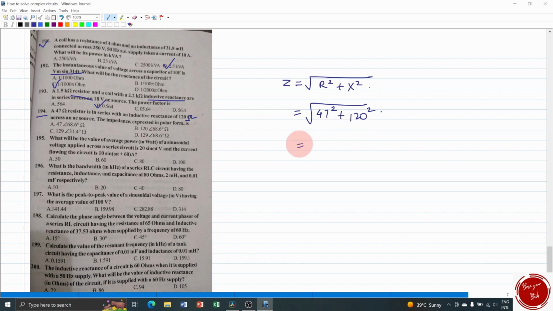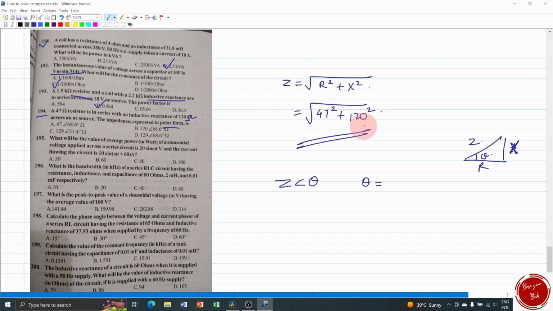Now before doing this bigger calculation, just look at these options. Option A is 47. Here this polar form means it is Z angle theta, where theta is the angular separation of R and Z from the impedance triangle. Theta is the angle between R and Z. So Z is the impedance value, which is root of R square plus X square.